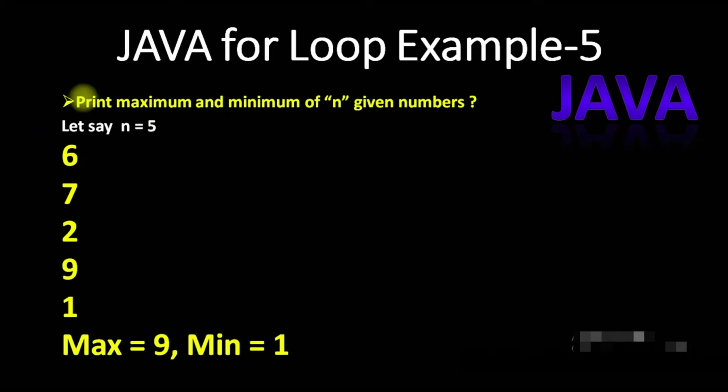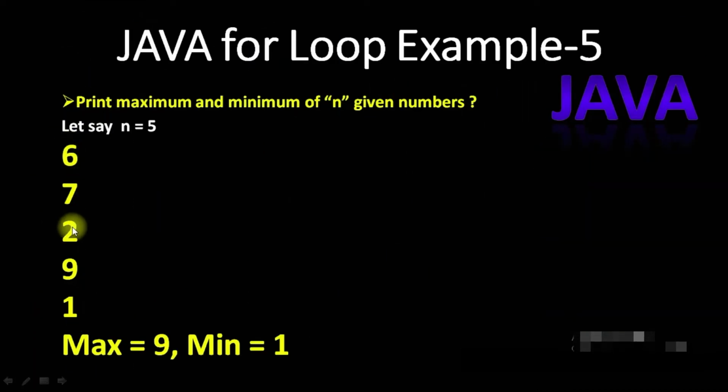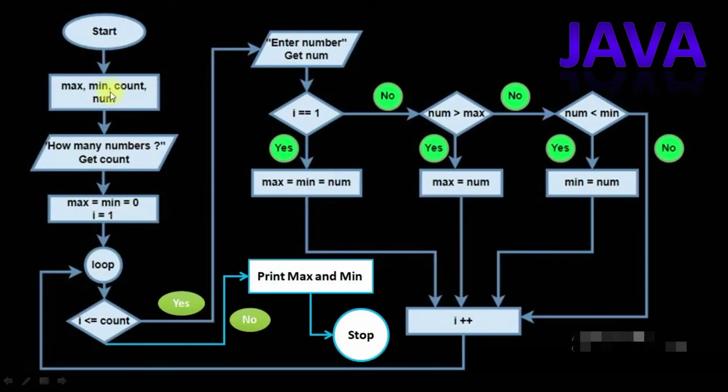So that number count we need to collect in a variable, and that's why this count variable. And finally, the numbers the user enters one by one, we need to collect under a num variable. So it may be 6 7 2 9 1, these will be collected in the num variable. So first we have to create some variables.